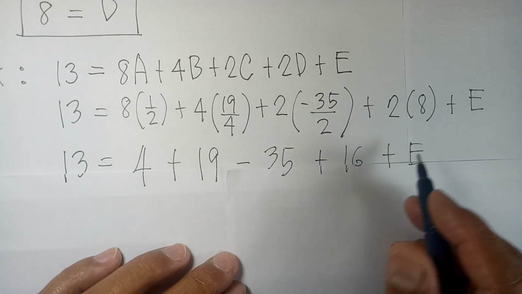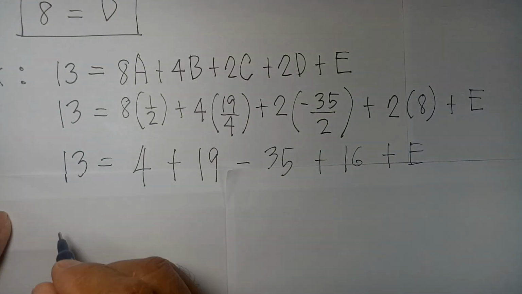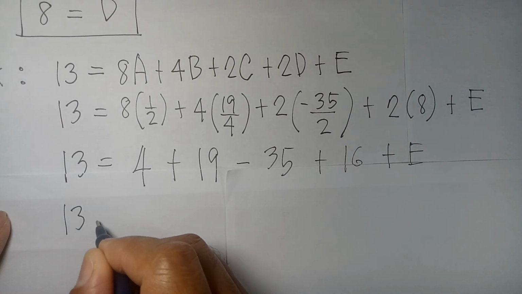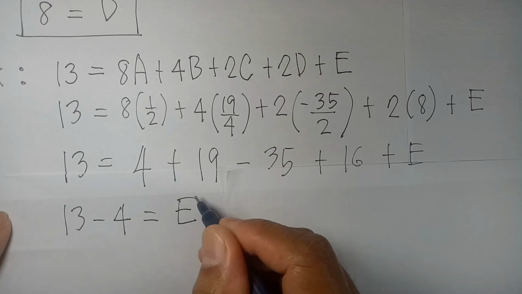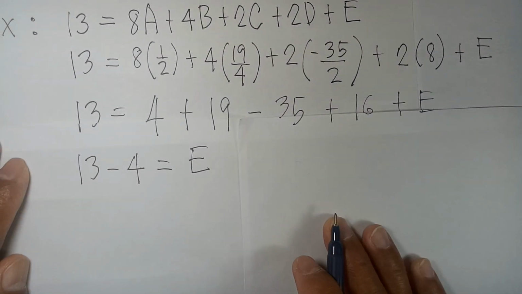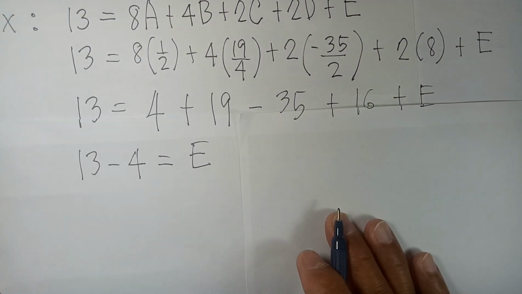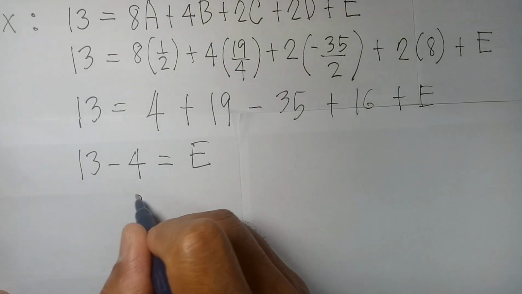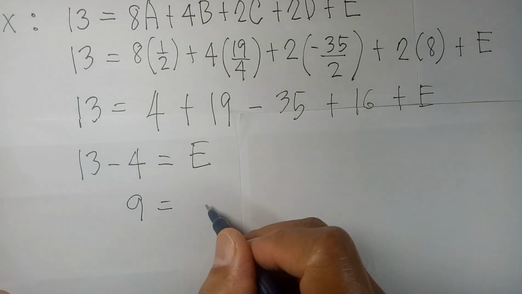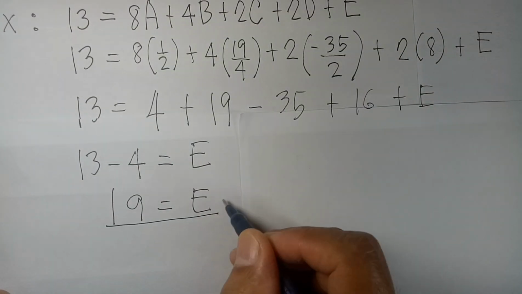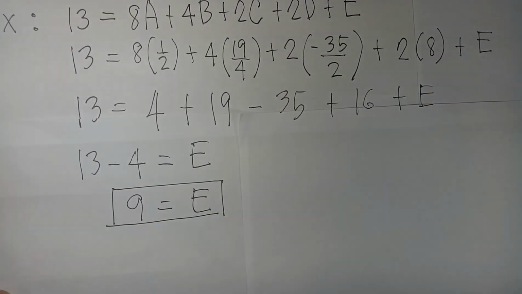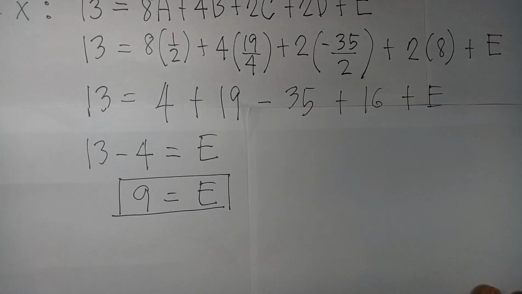So cancel 35, ano. So magkakaroon tayo ng 13 minus 4 equals E. And 13 minus 4 is 9. So 9 equals E. Okay. So, ayan ngayon yung mga values ng ating mga constants.